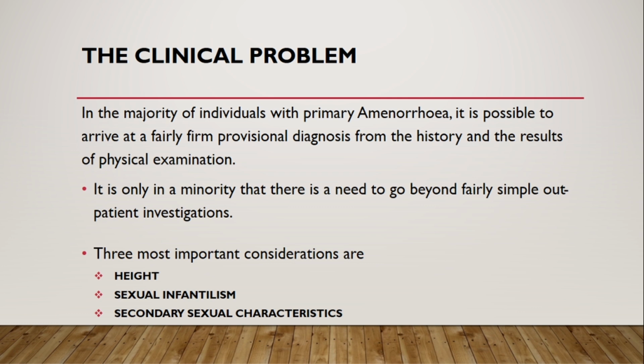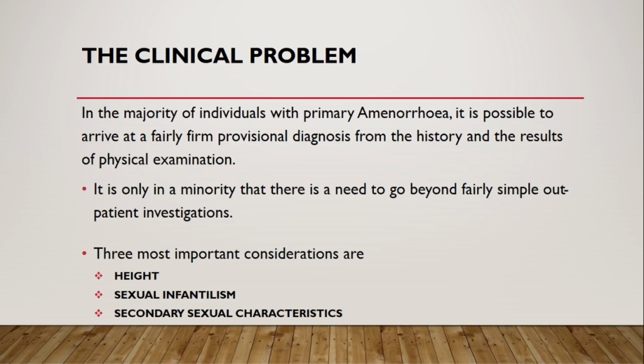And lastly, secondary sexual characteristics development. So you must look into these three. The combination of these three will help you to classify the type and arrive at a probable diagnosis: the height of the woman, the sexual infantilism, and secondary sexual characteristics.